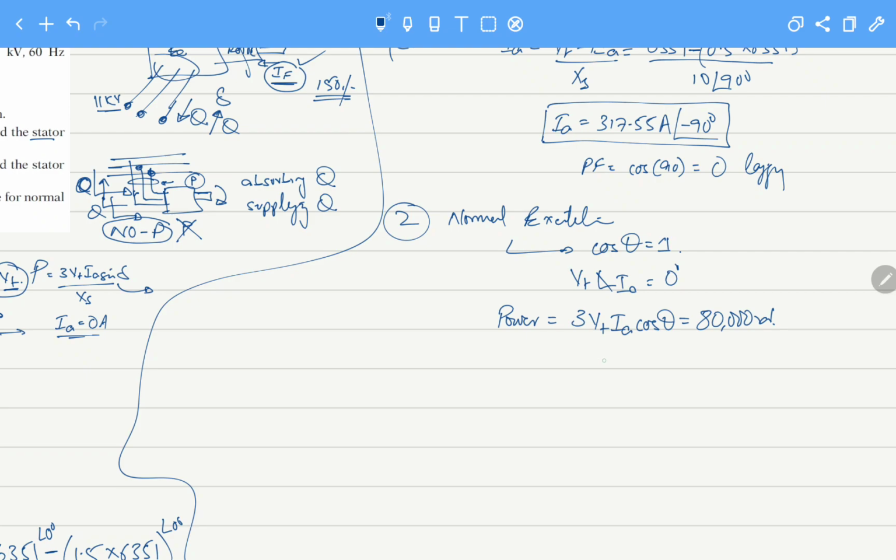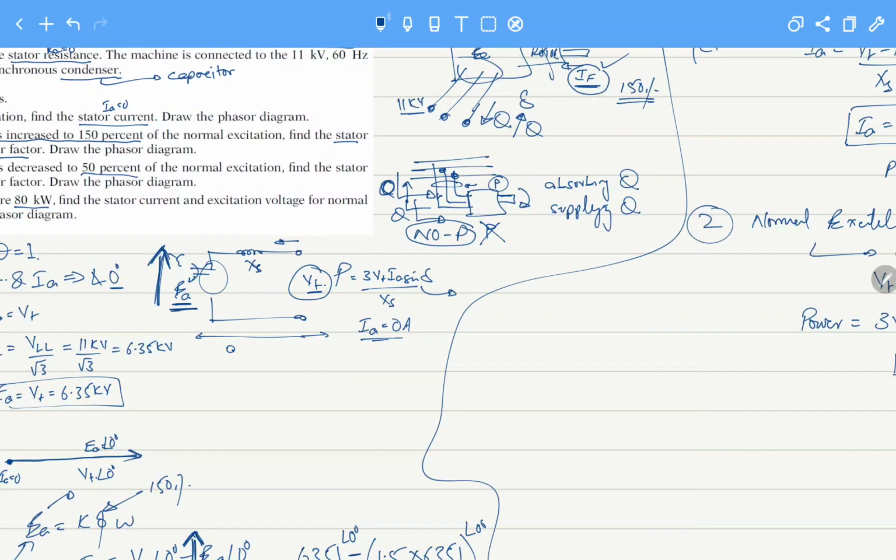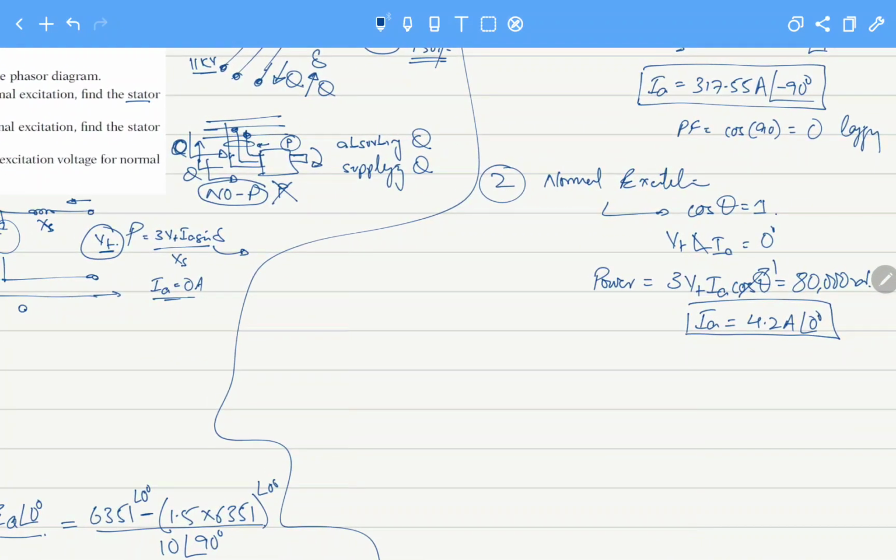So we can calculate Ia, with cos theta being 1. So Ia will become 4.2 amperes with angle 0 degrees. This is the current that is being absorbed. Now we can calculate the value of Ea. Ea equals Vt minus Ia jXs.